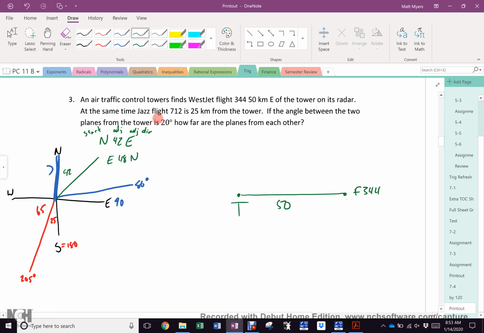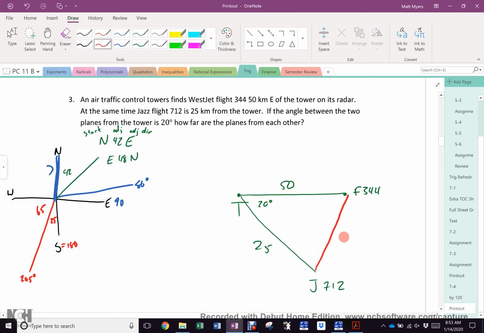At the same time, Jazz Flight 712 is 25 kilometers from the tower. No direction, yeah? So I'm just going to write down here, J712. This is 25. The angle between them is 20 degrees. I need to know how far apart they are so they don't crash.